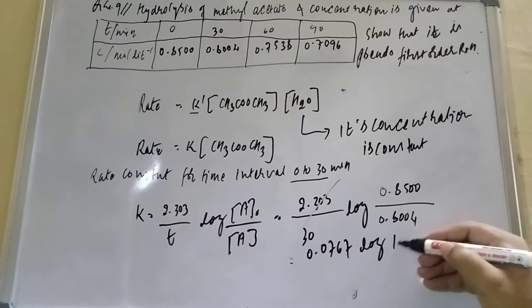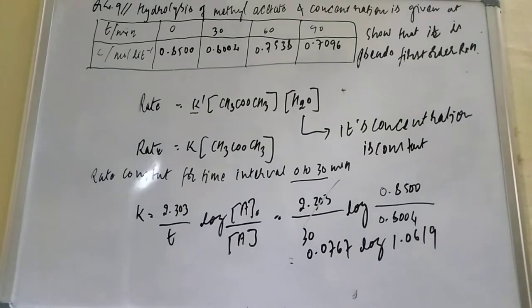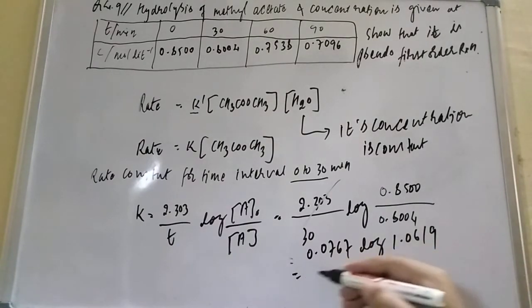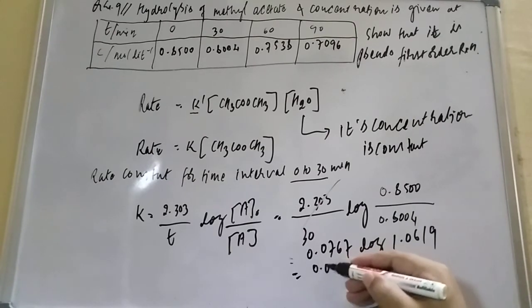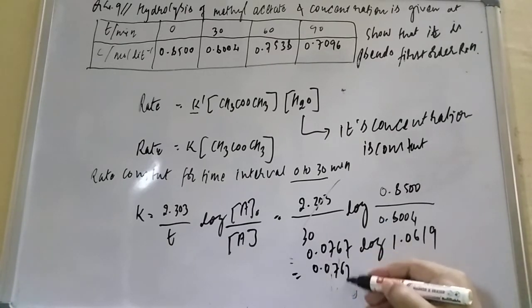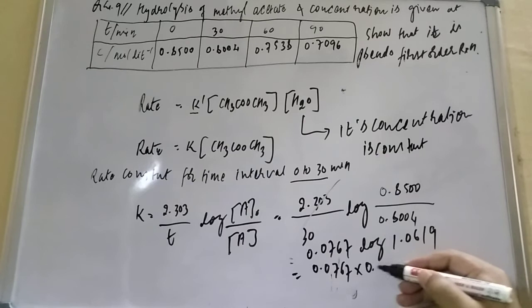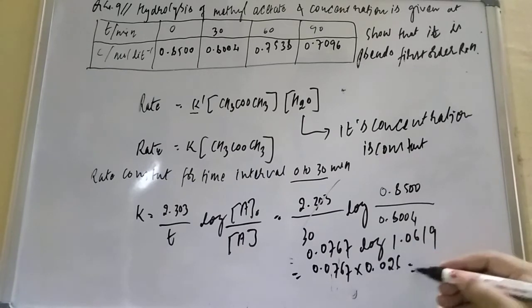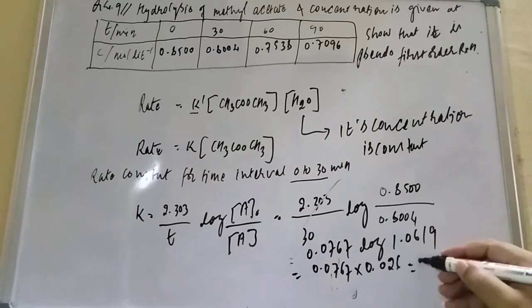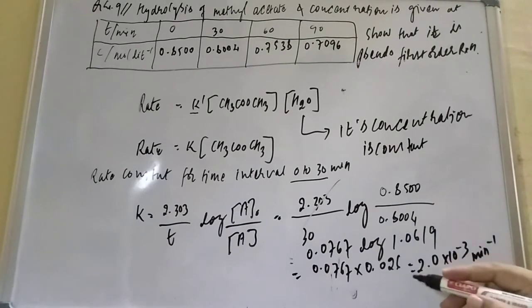If you divide, it will come 1.069. Now log 1.069 is 0.0767. Multiplying by 2.303 over 30, the value that comes is about 2.0 into 10 power minus 3 minute inverse. So this is our value.